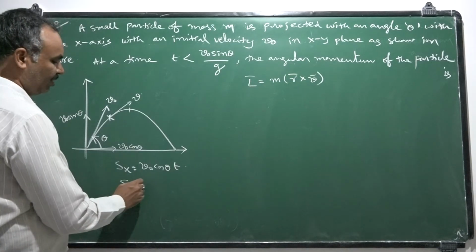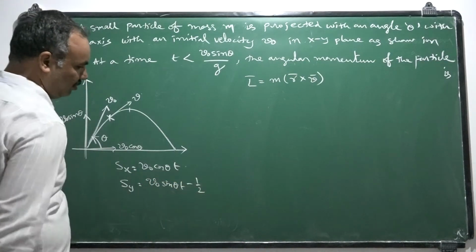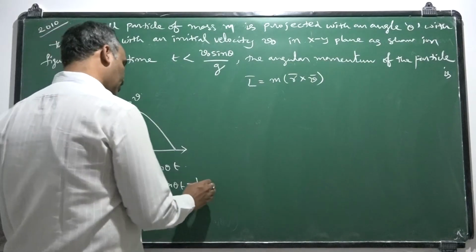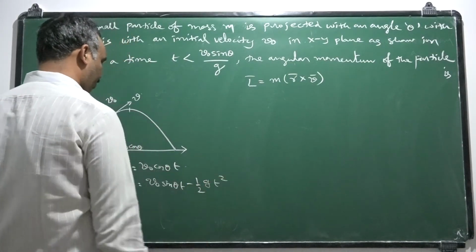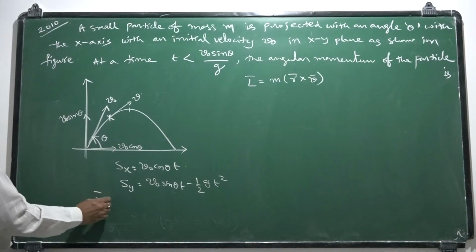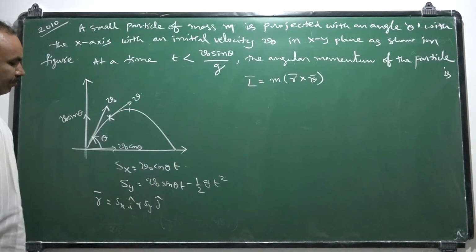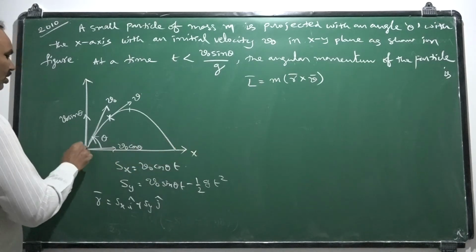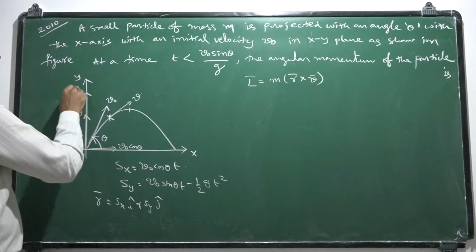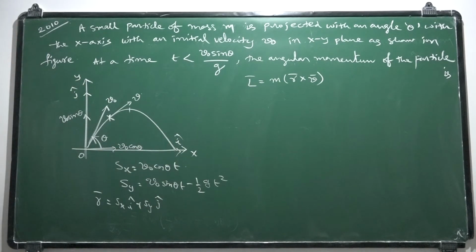Similarly, displacement in y direction is given by v naught sin theta into t minus half g t square. Hence its position vector at any time, r bar, is given by sx i cap plus sy j cap. Let me take this as x-axis, this as origin, this as y-axis, and the unit vector in this direction is j cap, and in this direction is i cap. So that is the position vector of the particle.